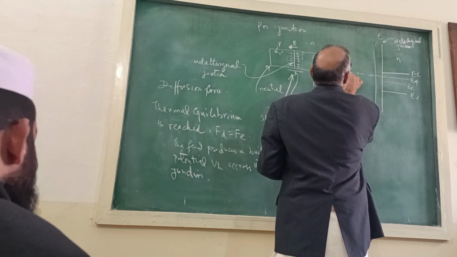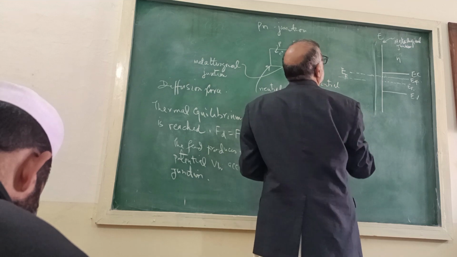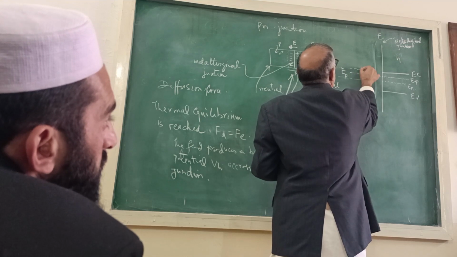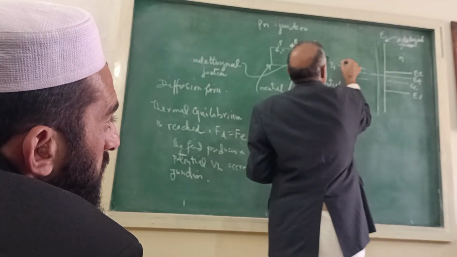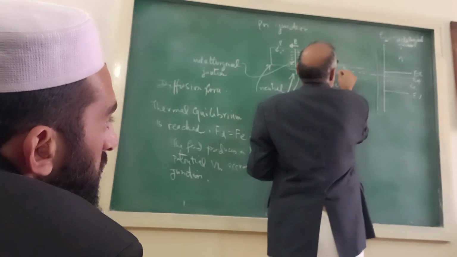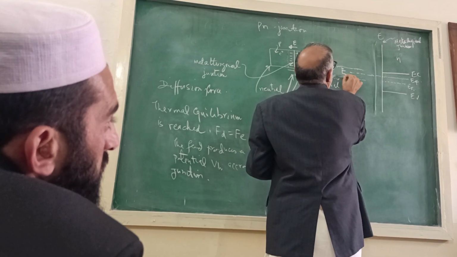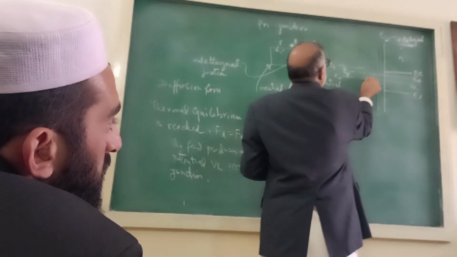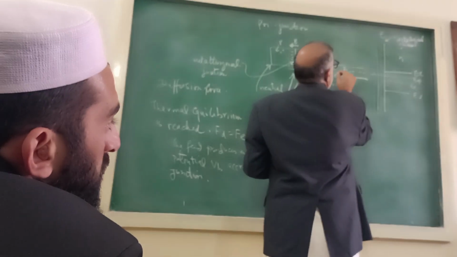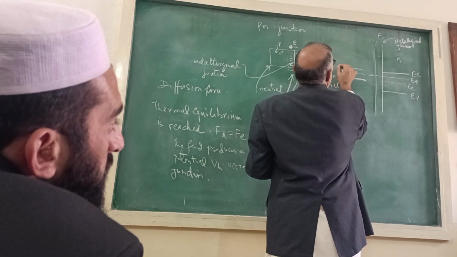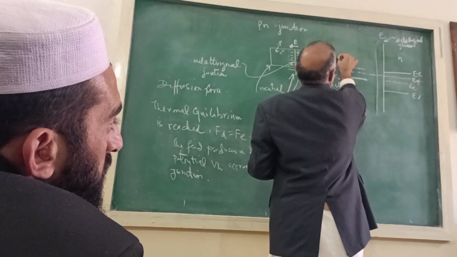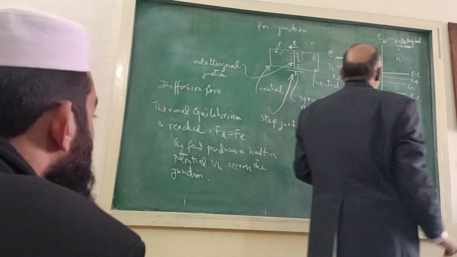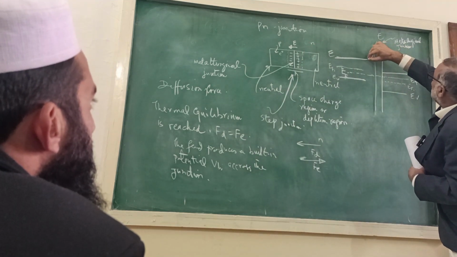So the valence band should be somewhere here, and the intrinsic level would be somewhere here, EFI, because in p-type material the Fermi level is closer to the valence band. This is EFI, and this is the conduction band.